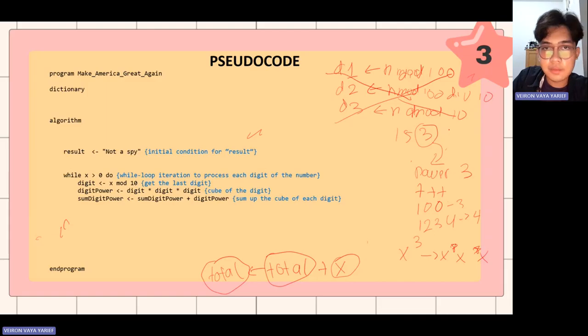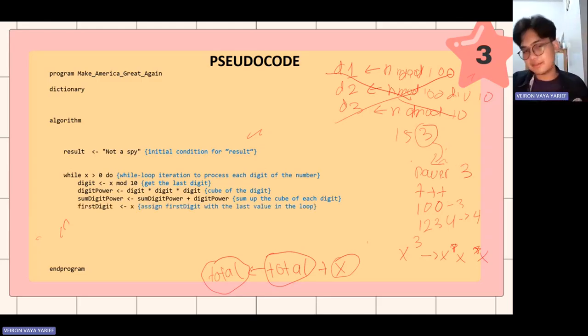If we have 153, we take the last digit, we take 3, power it by 3, take the cube of the number, and do the summation in each loop. The next time we will do it on 5, then on 1, like that. So the first digit, why do we need to update the first digit? Assign first digit with the last value in the loop.